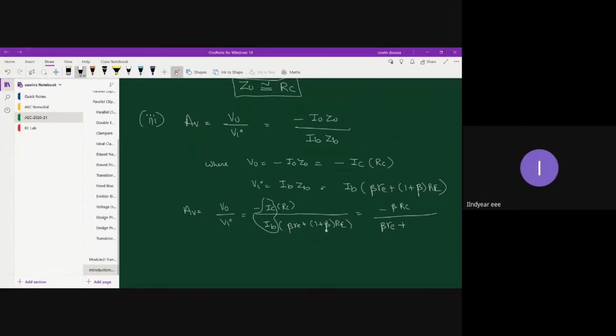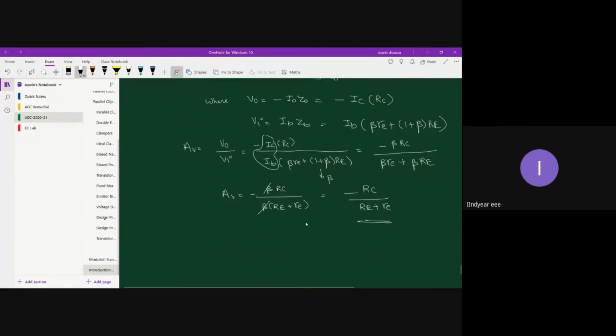This 1 plus beta, let me take it as beta, approximation. So beta times RE. By doing so, I can slightly simplify my voltage gain expression. It is beta into RC in the numerator, and in the denominator it is beta times capital RE plus small re. So this beta gets cancelled, and hence you will get the voltage gain expression as negative RC divided by RE plus small re. So this is my voltage gain expression.